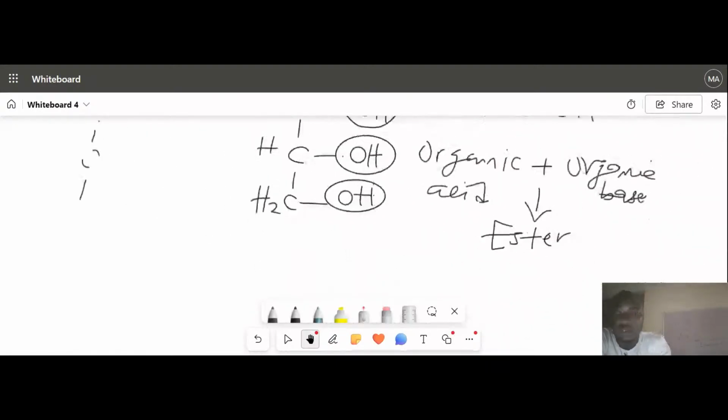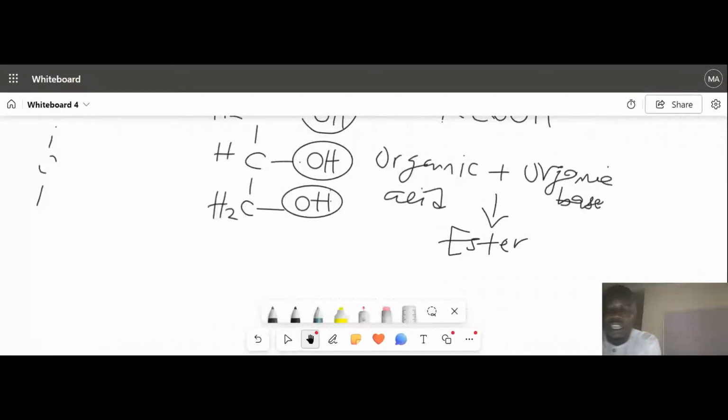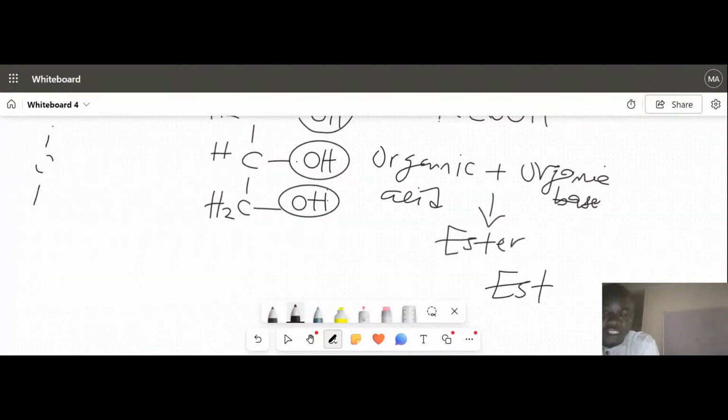The process of producing this ester is called an esterification reaction. So the reaction between an organic acid and an organic base to produce an ester is called an esterification reaction.